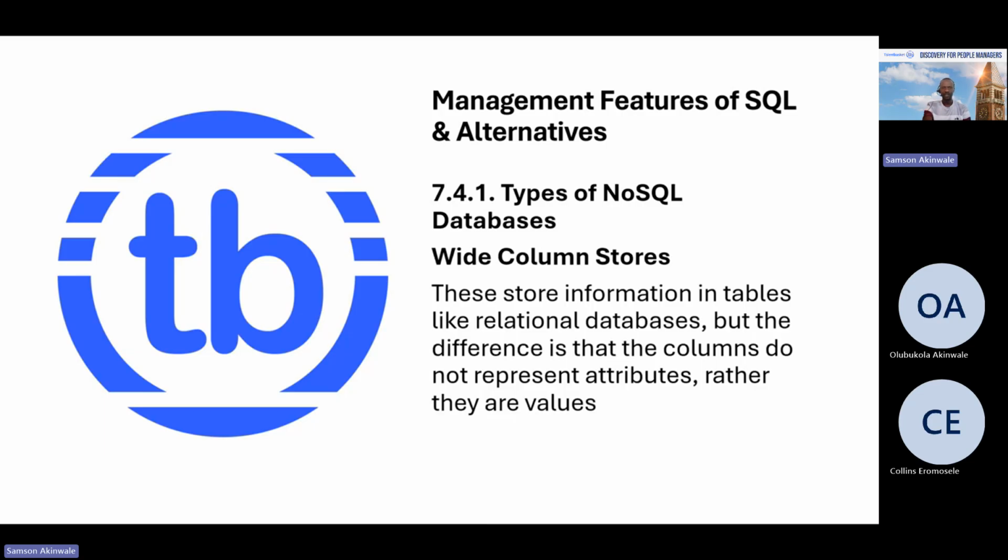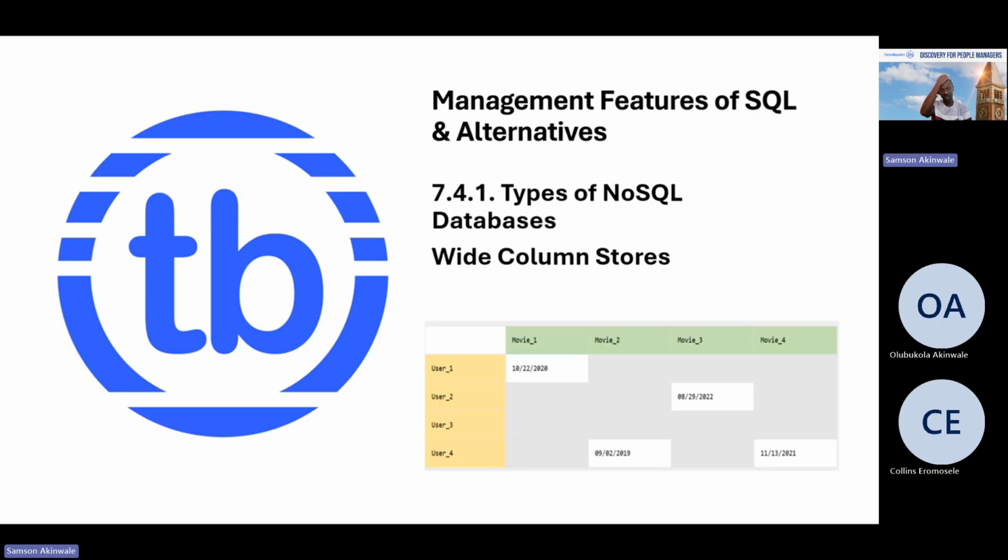The final one is the wide column stores. This one stores information in tables, similar to a relational database, but it is different. The difference between them is that the columns do not represent attributes. Those columns rather represent values. In a relational database, all the columns you see are fields, and they represent a different attribute of that data set, different from each other.